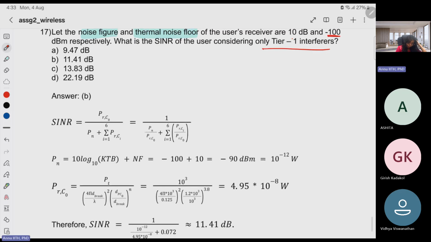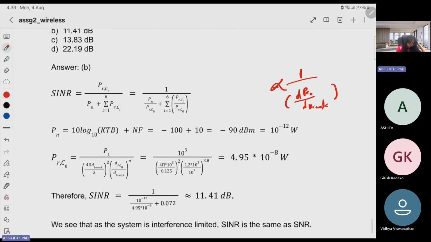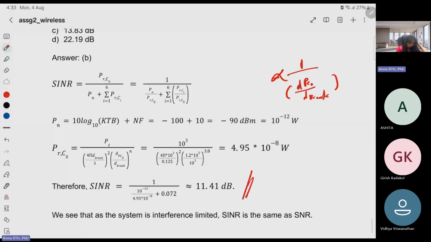PR of C1 is equal to PT divided by (4 pi d by lambda) squared. Again, we have to calculate from d0, that power formula was there, inversely proportional to 1 upon d. Some values are missing, but you can know how to calculate, you have to use this formula.